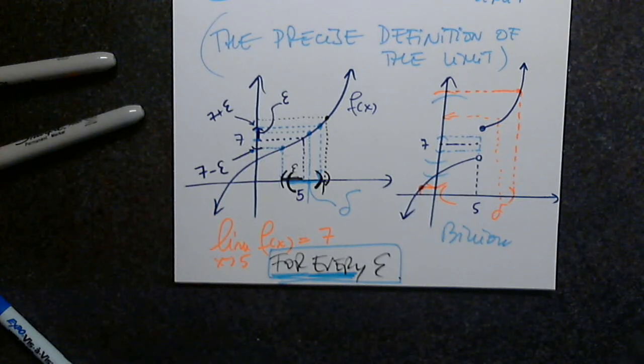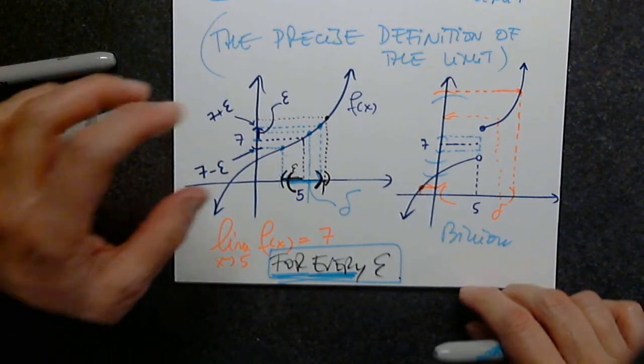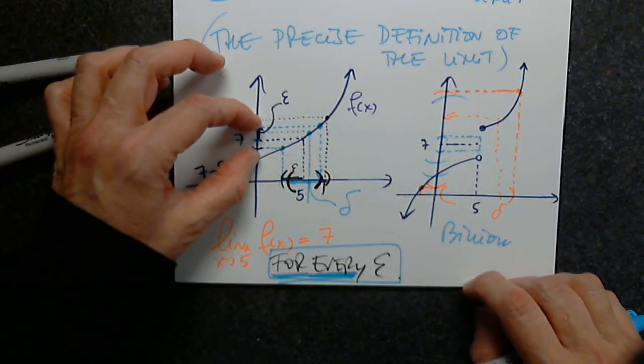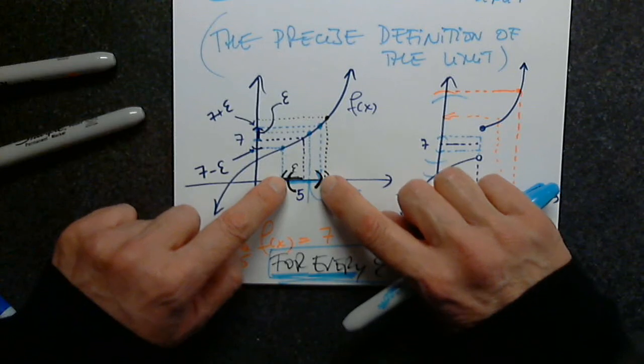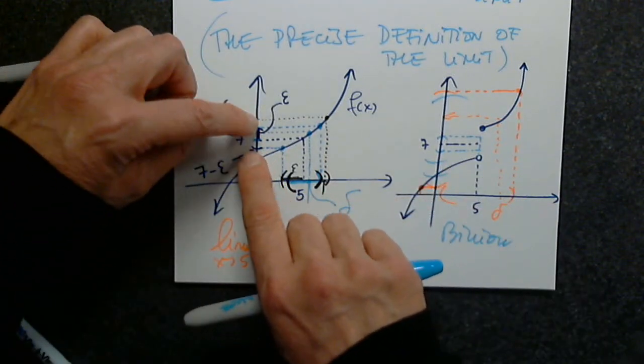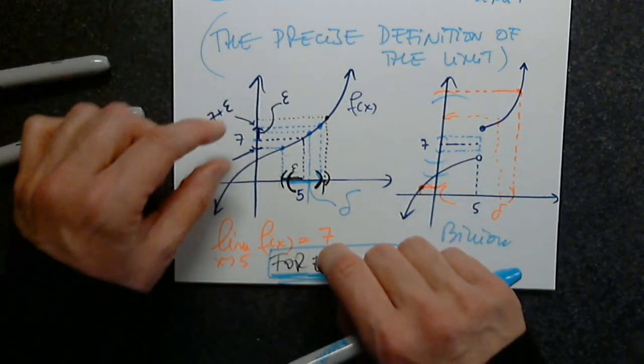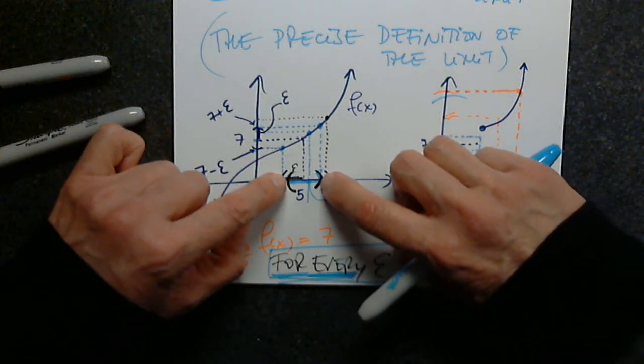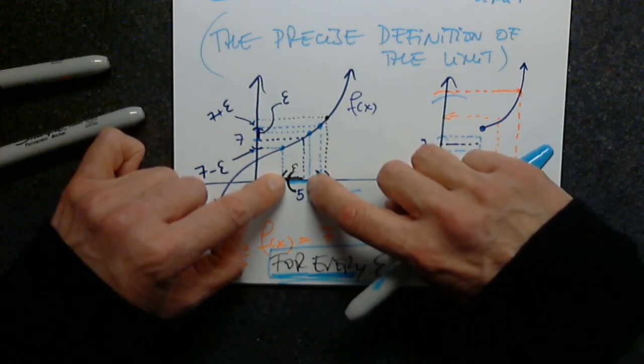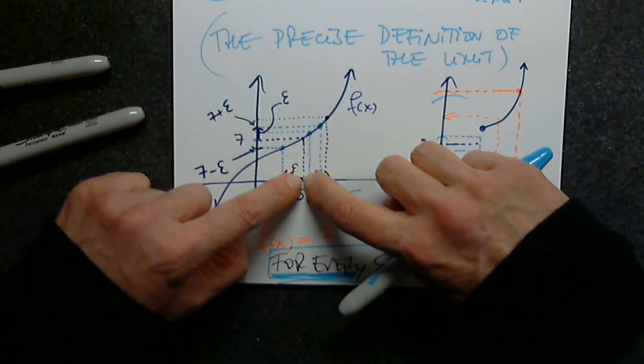Should I say it again? Okay. So for every epsilon, I will determine a corresponding delta for every epsilon near 7, right? Around 7. I will find a corresponding delta around 5. This was my 5.